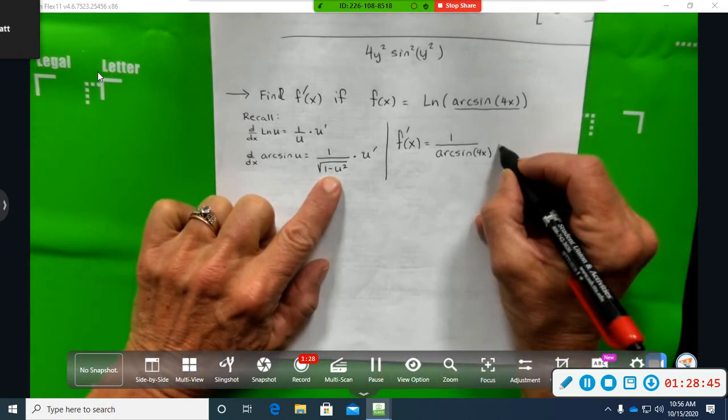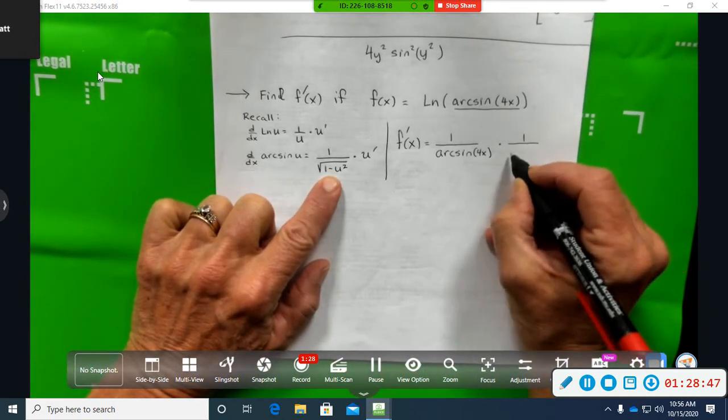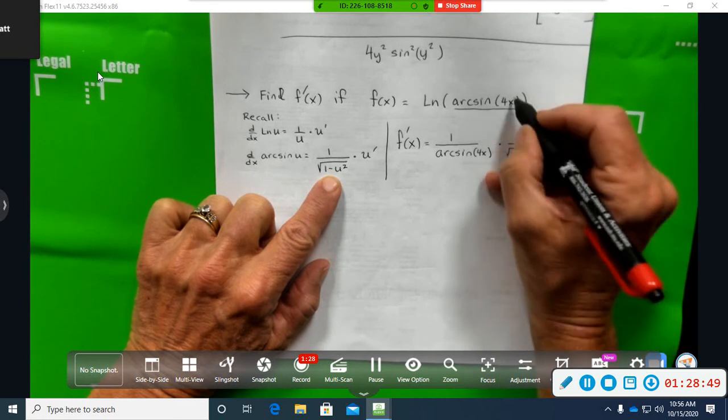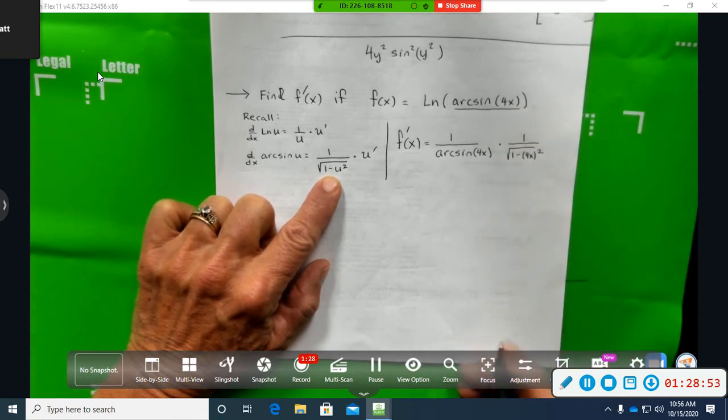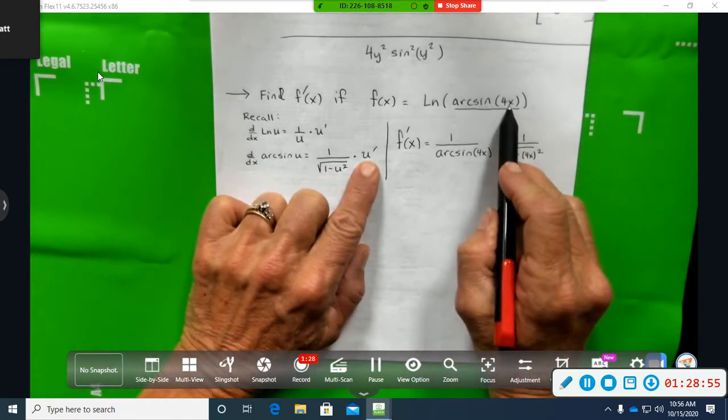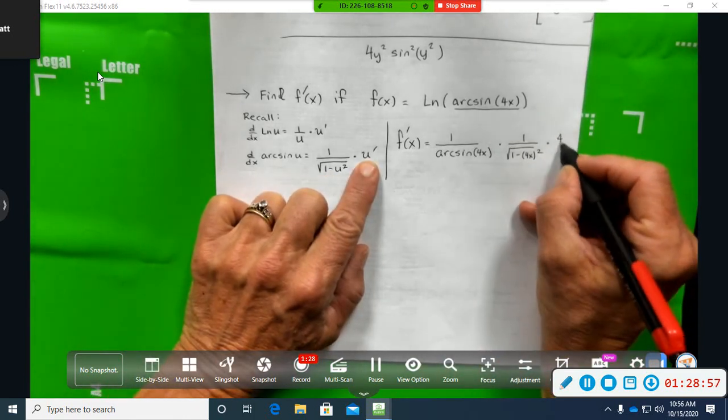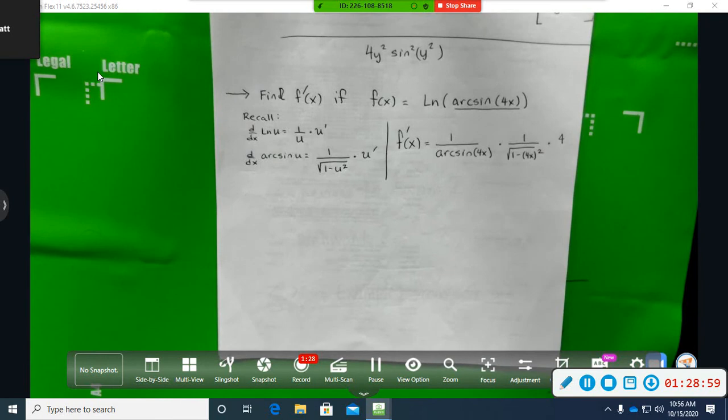We get 1 over the square root of 1 minus the something else squared. Then we go inside these parentheses and take the derivative and get a 4. So something like that. You can write that 4x all squared as 16x squared. You can put that 4 on top of that. Is that okay with y'all?